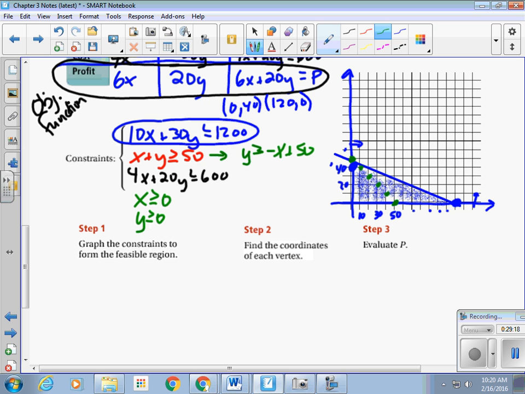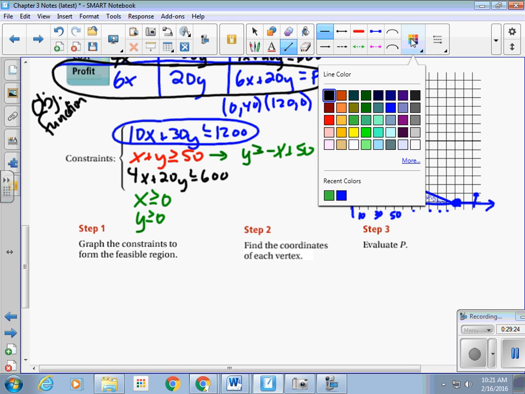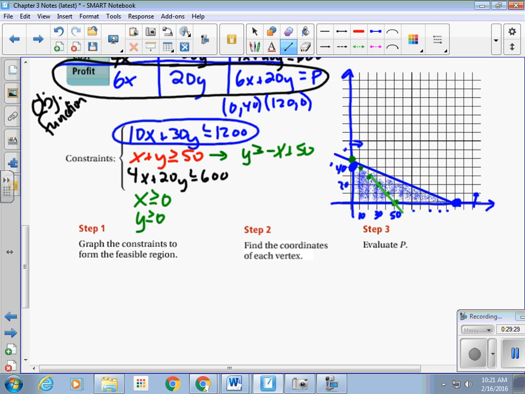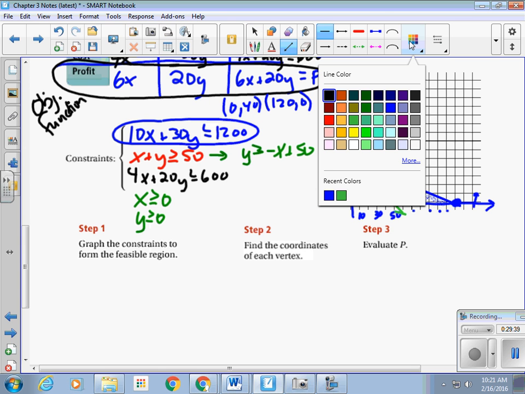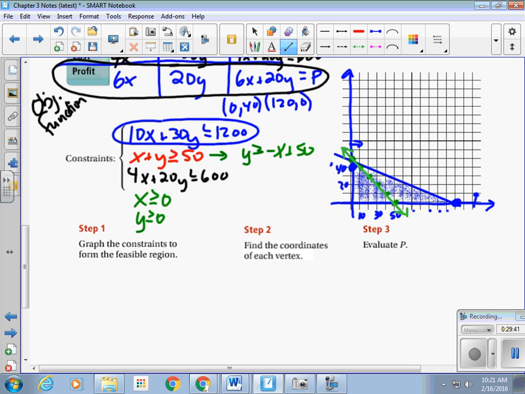So I have that nice little green line. It can equal, so I'm going to have a solid green line there. And then I want everything above that green line.